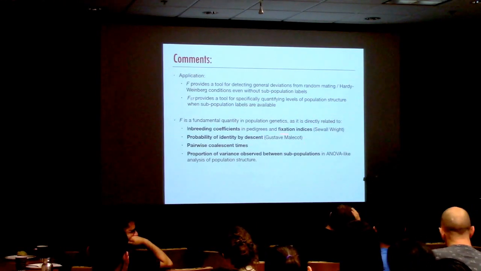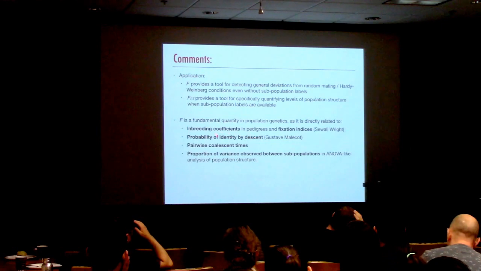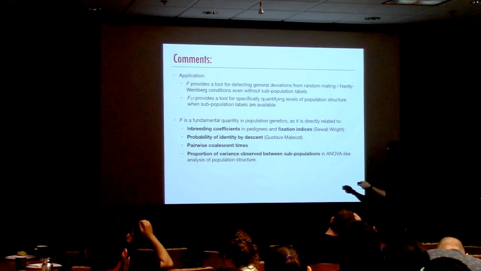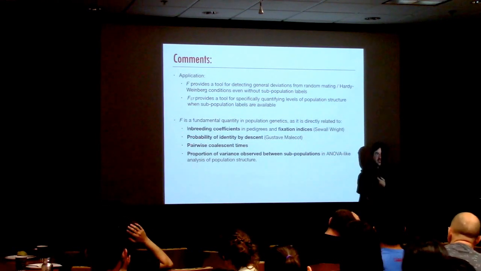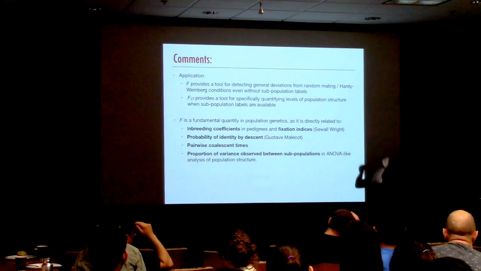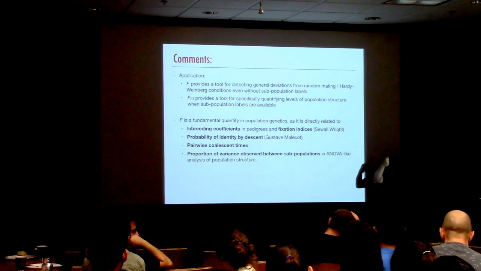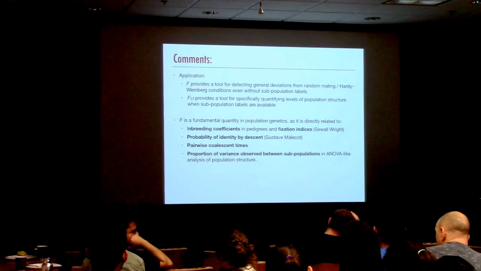Working independently, Gustave Malécot came up with probabilities of identity by descent, which turn out to be the same thing. And there's a tight connection to pairwise coalescent times, because how recent the pairwise coalescent is relative to the rate of mutation determines how correlated two alleles that are sampled will be.